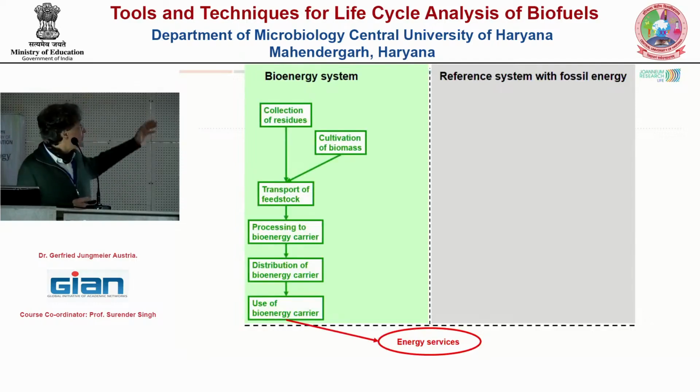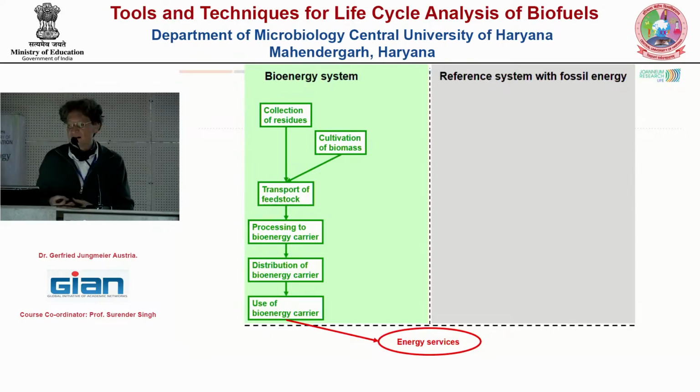And it starts with the collection of residues, if we use residues, or with the cultivation of biomass in agriculture or in forestry, transport of the feedstock, processing to a bioenergy carrier, distribution of the bioenergy carrier, and the use of the bioenergy carrier. These are at least the main 4 to 5 processes that are relevant for a bioenergy system.